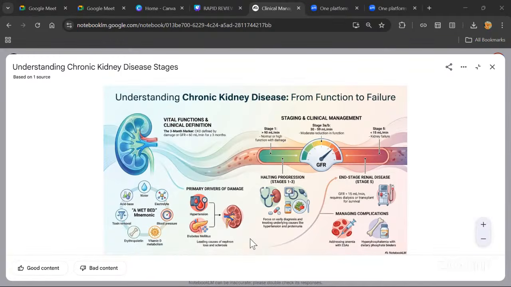So we're talking about problems with the blood supply to the kidney. Anything that is affecting the renal blood supply will cause pre-renal acute kidney injury.